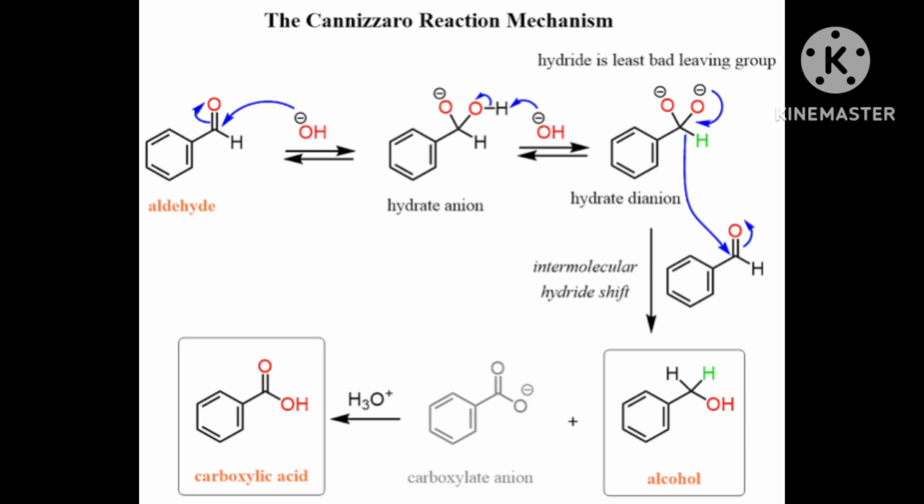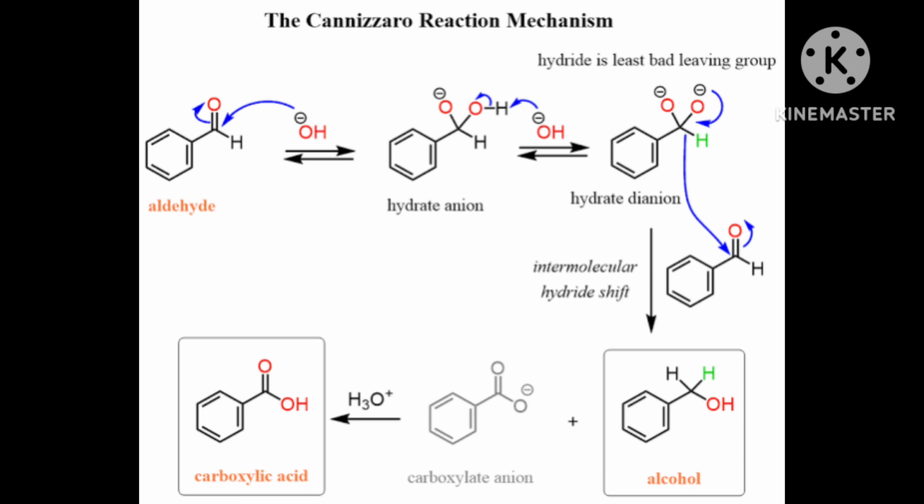Correct? Then that H will come as H minus. Correct? Now you can see two hydrogens are coming: one is coming as H plus and one is coming as H minus.